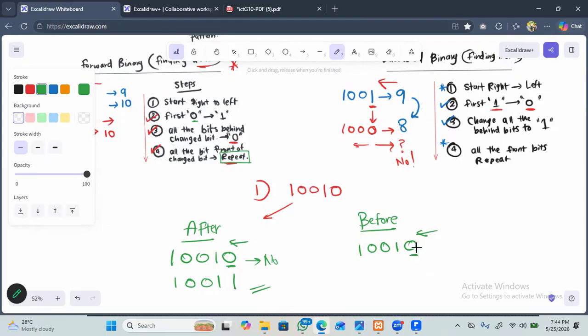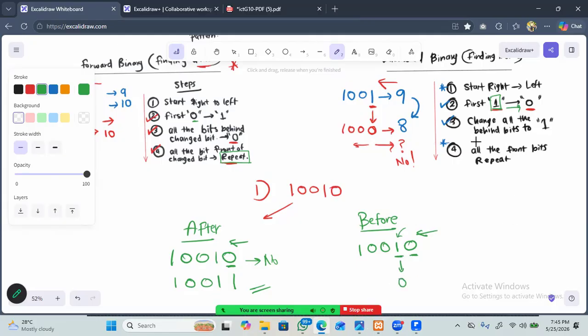The first bit is a 0, so you are not touching this. You should look for the first number 1. That is a number 1, and you should convert this to a 0.